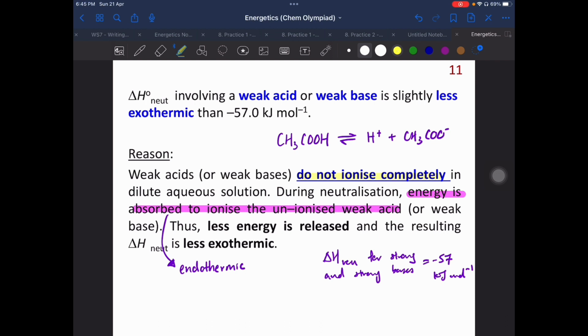Hence you see a note in your slides that the energy is actually lower. So just take note that the value of negative 57 kilojoules per mole only applies to a reaction between a strong acid and a strong base. When it comes to a weak acid and weak base, we expect the value to be less exothermic, for example, negative 30 kilojoules per mole, and so on.